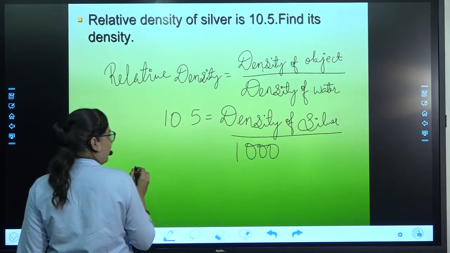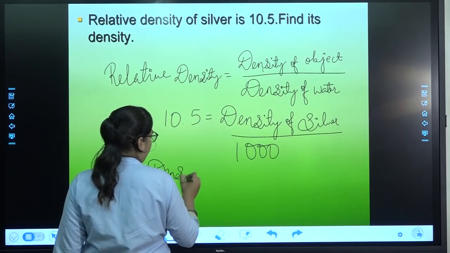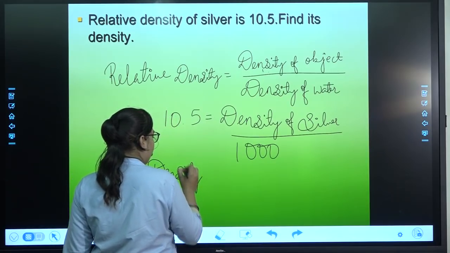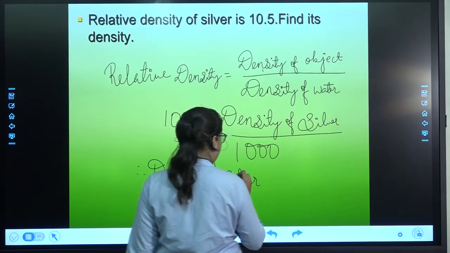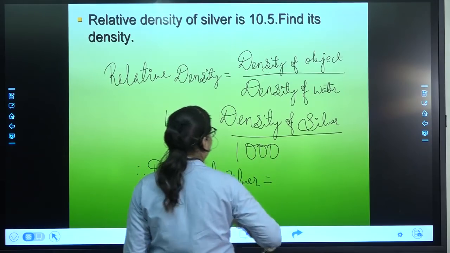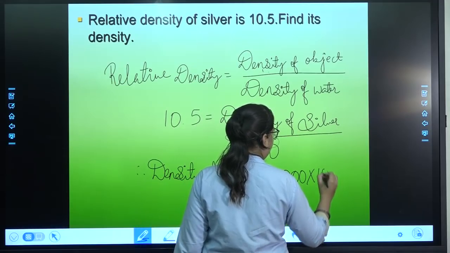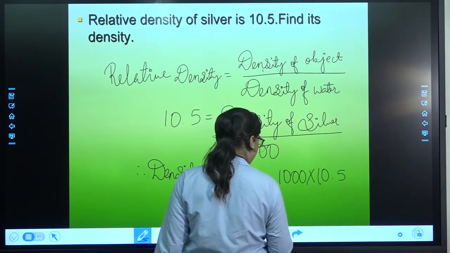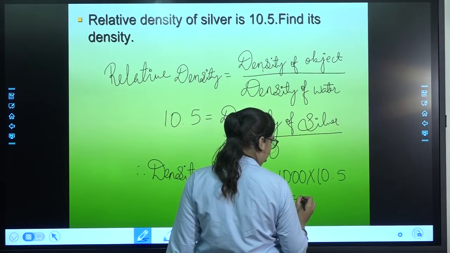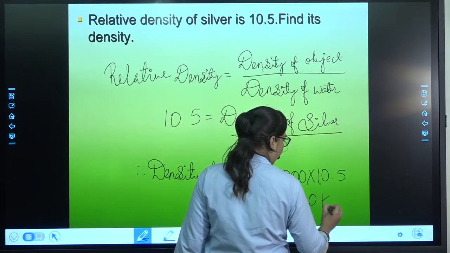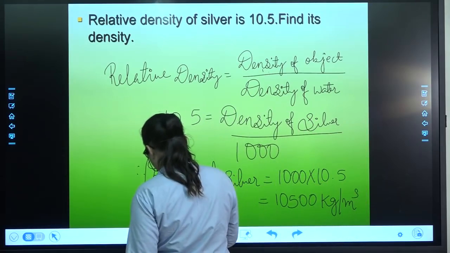So the density of silver will be 1000 into 10.5, which is equal to 10,500 kilogram per meter cube.